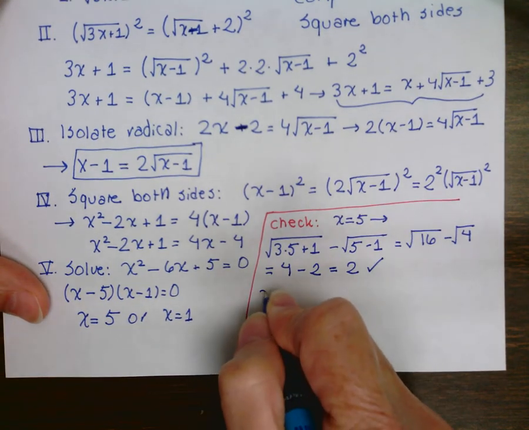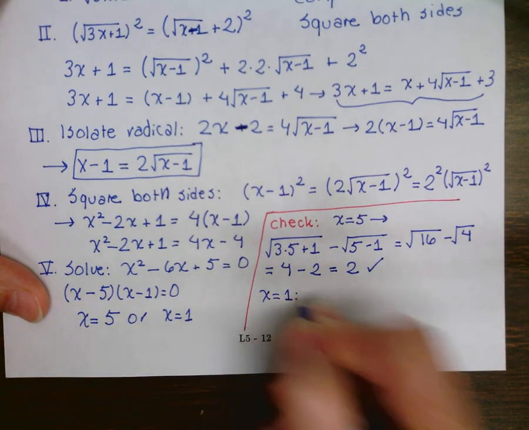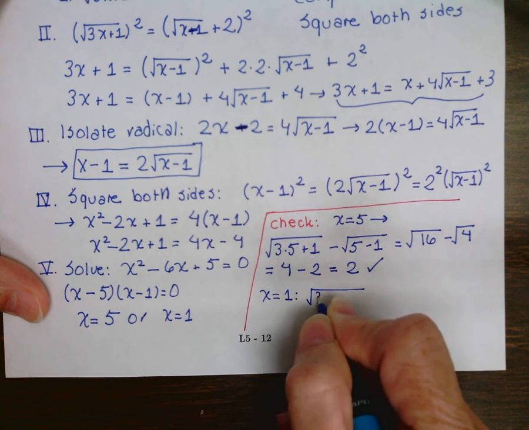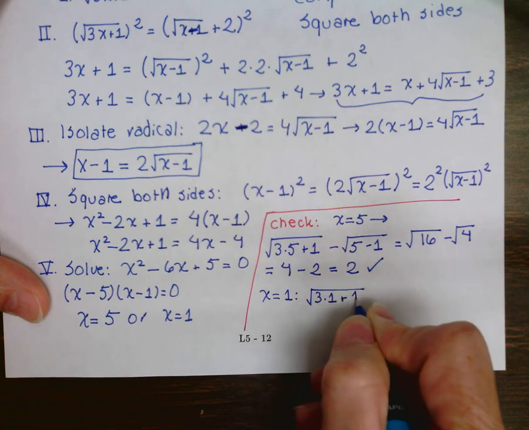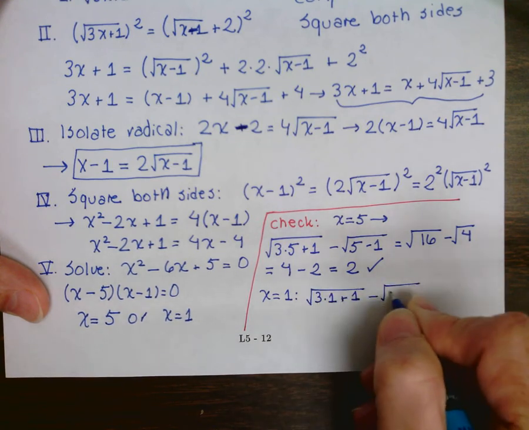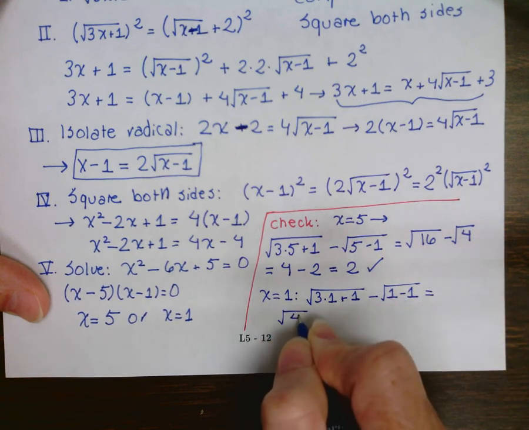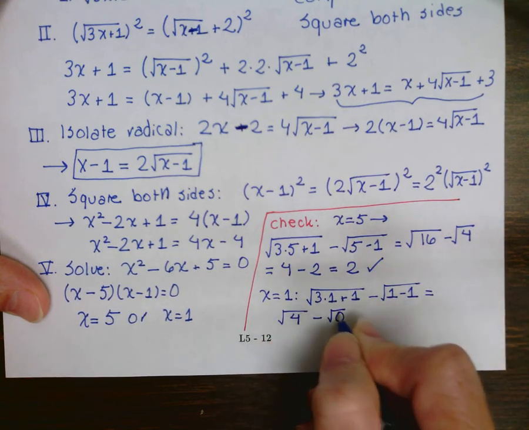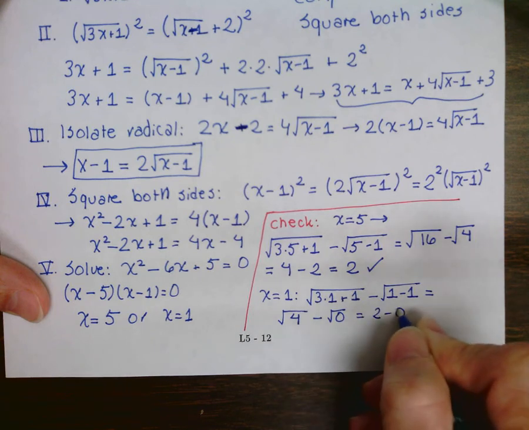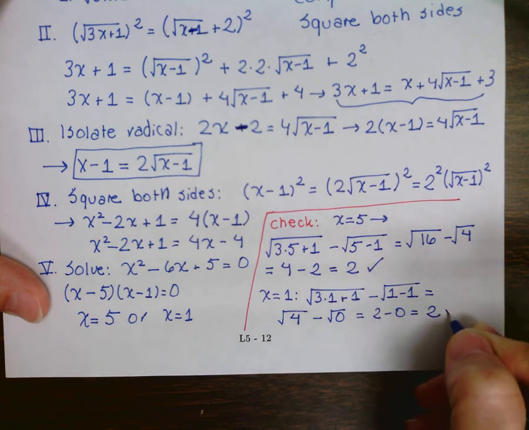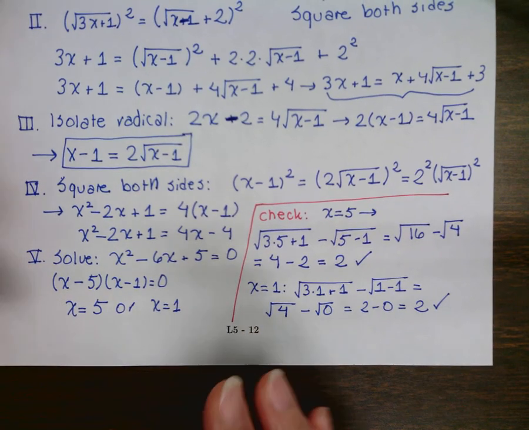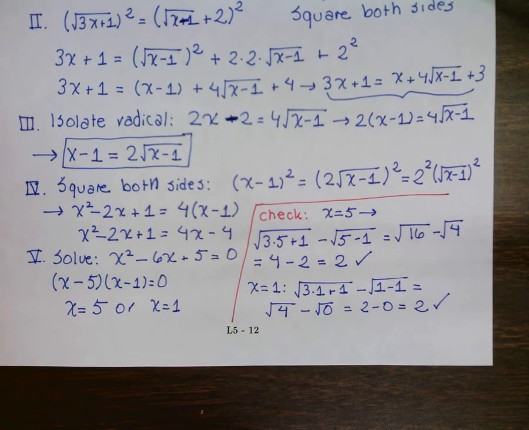And then we have to check x equals 1. Same thing. Square root of 3 times 1 plus 1 minus the square root of 1 minus 1 is equal to the square root of 4 minus the square root of 0, which is 2 minus 0, and that does equal 2. So in this case, even though we did two squaring steps, both of our solutions work.